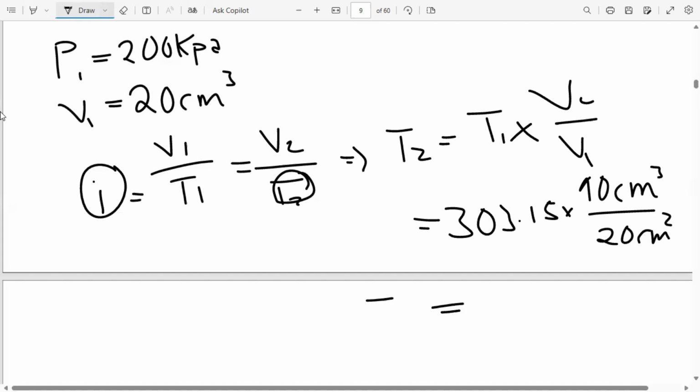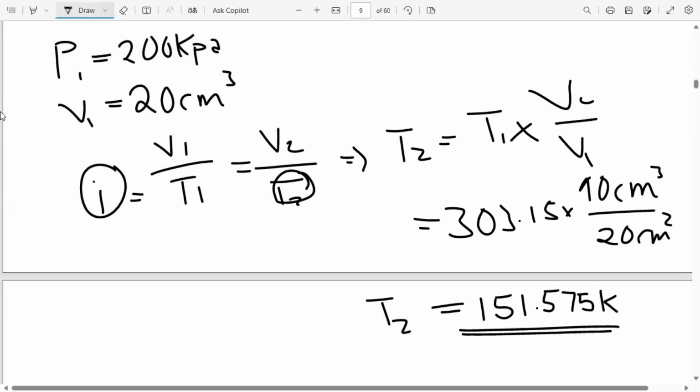The new temperature, T2, is 151.575 Kelvin. This is the second temperature if the volume is decreased at constant pressure.